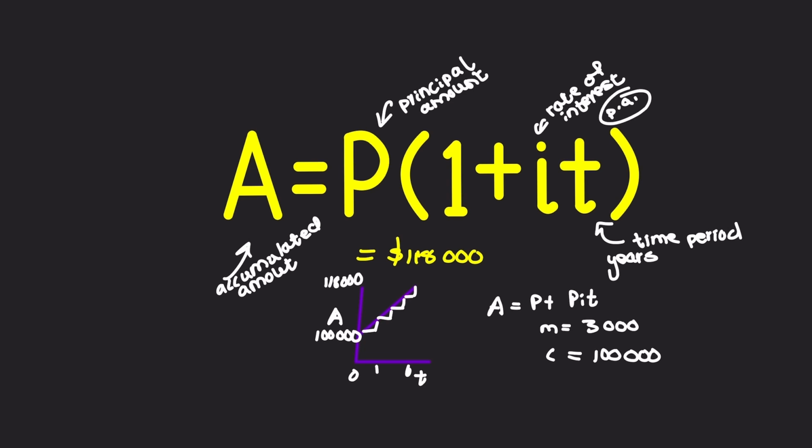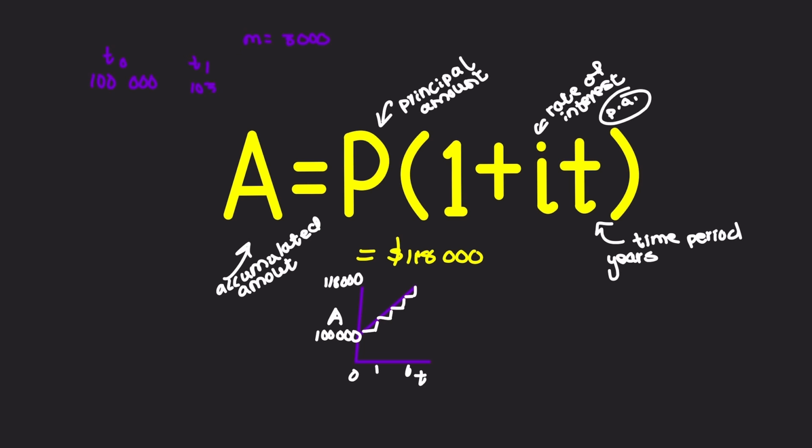Here you can see it working out, and we're going to use that to try and prove this formula. At time 0, we had 100,000. At time 1, we know that M is equal to 3,000. So every year I'm getting a rate of interest of 3% per annum of my principal amount, so I'm getting 3,000.